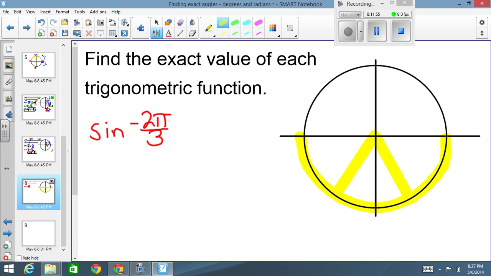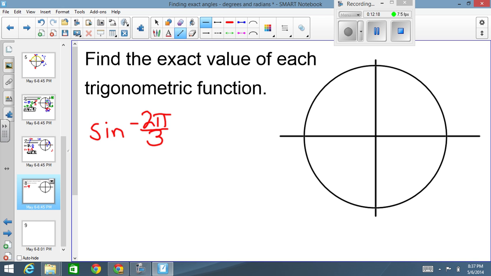Well, think about the fact that 1 pi is the same thing as 180 degrees, right? Half of the circle is 180 degrees. So 1 pi being 180 degrees, each third of a pi, you cut 180 into 3 pieces, is going to be 60 degrees.